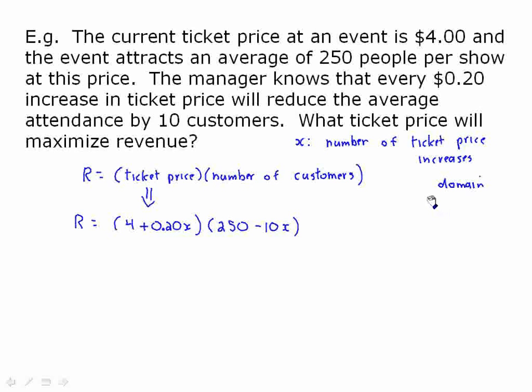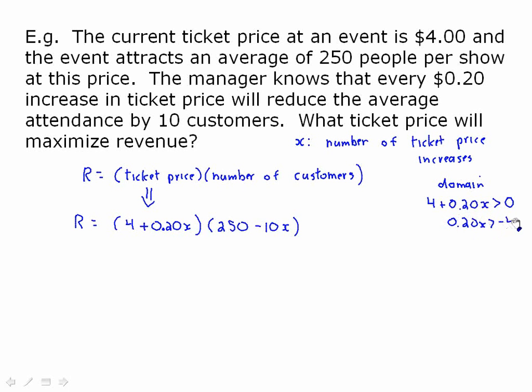I'm going to argue that the ticket price, 4 plus 0.2x, has to be greater than 0. In fact, we're not even going to have a ticket price of 0. Other people would say, well, 0 is mathematically okay. But I'm going to work it out like this so that you're actually not paying people to go.